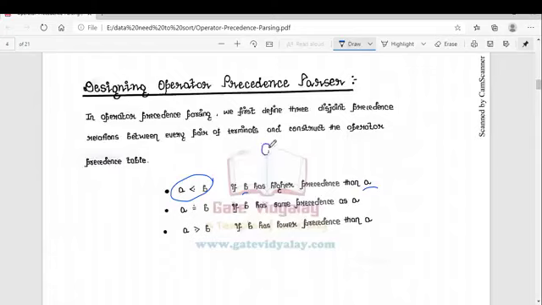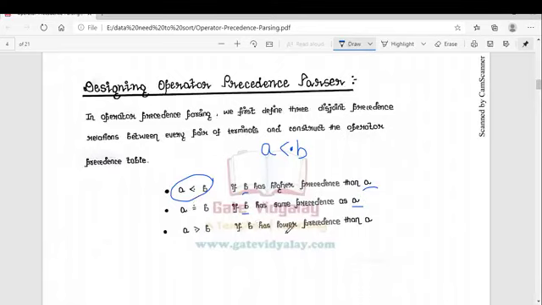It is pronounced as B has higher precedence than A. And if we have two terminals that are equal in precedence, then we write an equal to sign.